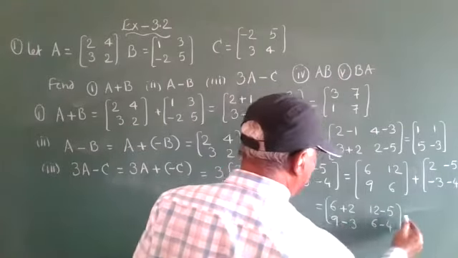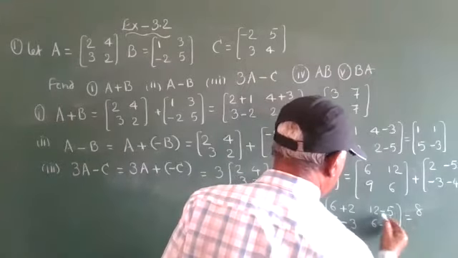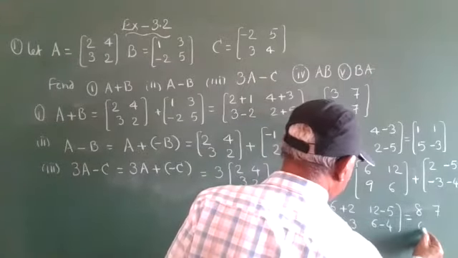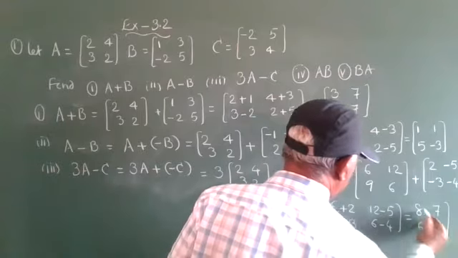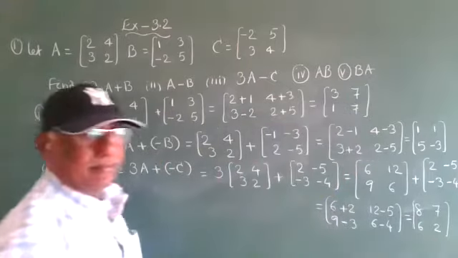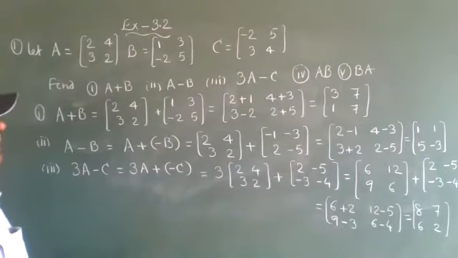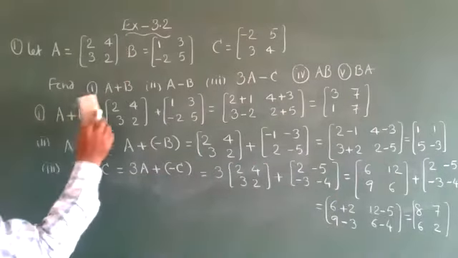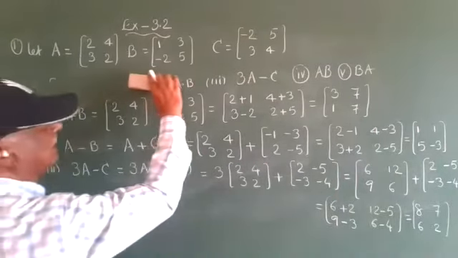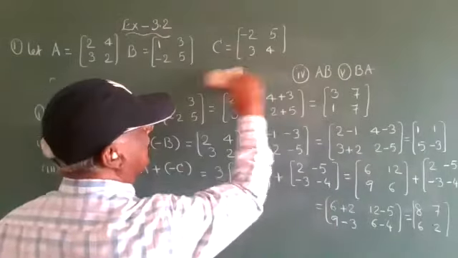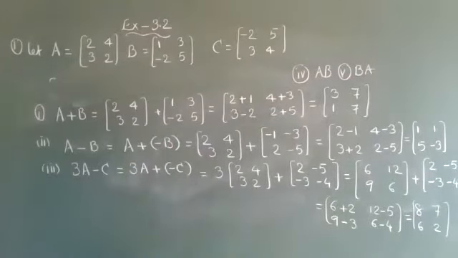Everyone write down the answer: 8, 7, 6, and 2. So first bit completed, second bit completed, third bit completed. Come to the fourth bit.